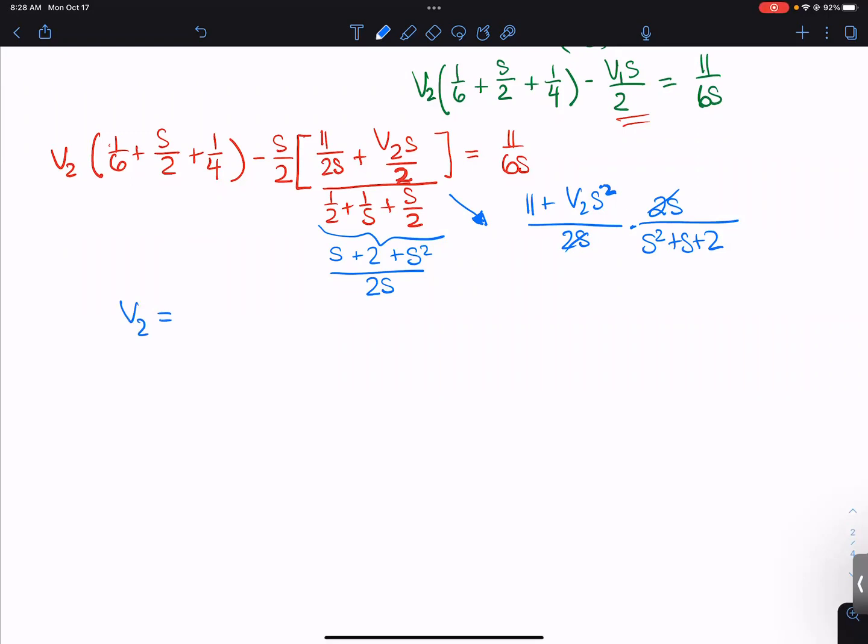I'm going to leave it as an exercise to manipulate this algebraically to get to this form for S squared.